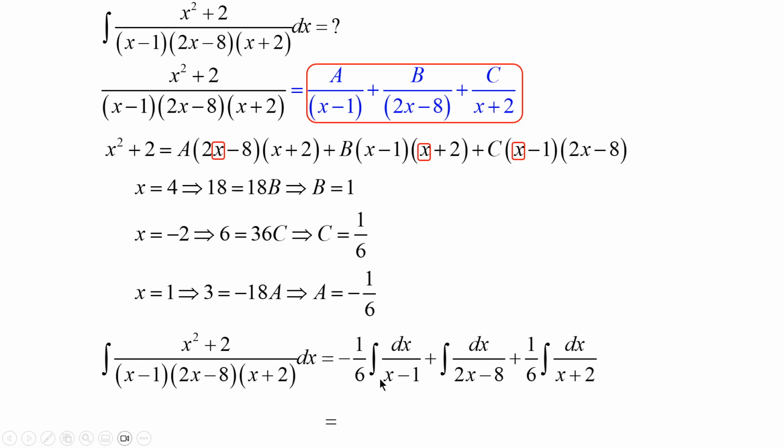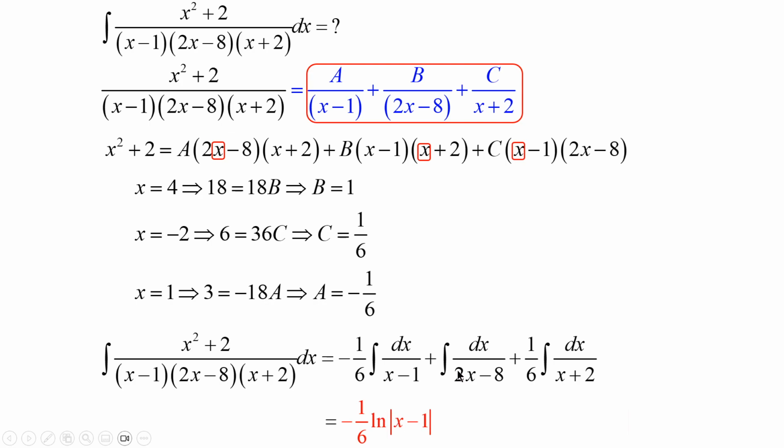Now, there's two possible answers here. Your textbook uses one method all the time. At the University of Portland, we used another method all the time. So I'll show you both methods. The first one is pretty obvious. We got a negative 1/6, and then the natural log of the absolute value of x minus 1.